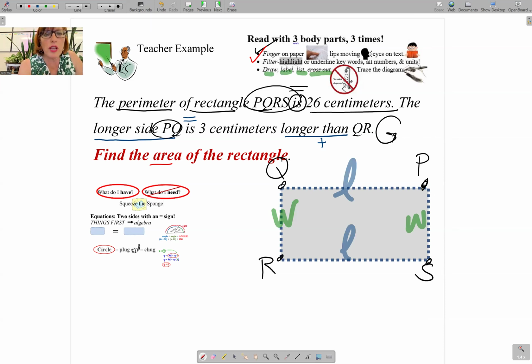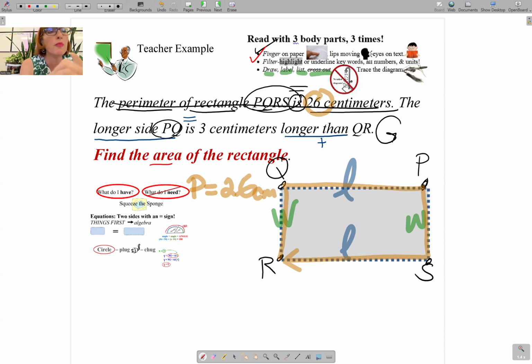As I account for stuff, I cross it out. So here, our perimeter, trace the perimeter, 26. I just write that down, 26 cm. Cross that out. I took care of all that.